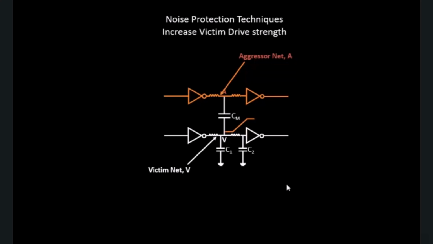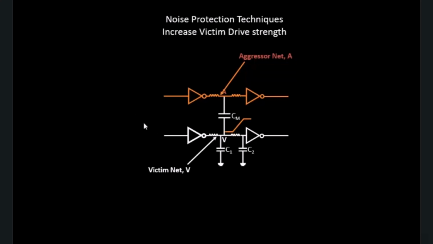So now what we'll do is try to increase the drive strength of this particular victim driver and see what happens. When this inverter becomes more strong, it means that the resistance of the PMOS transistor present over here has lowered, or in other words, the size of the PMOS transistor has increased.